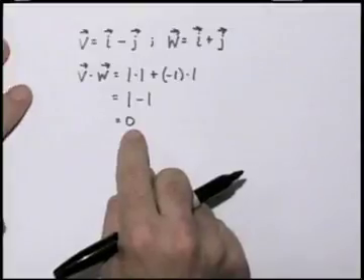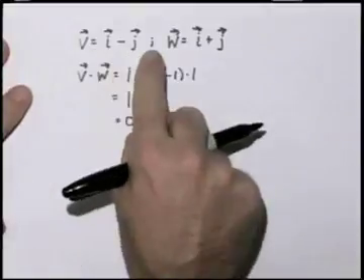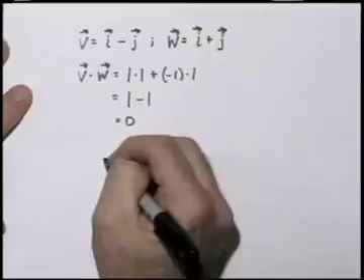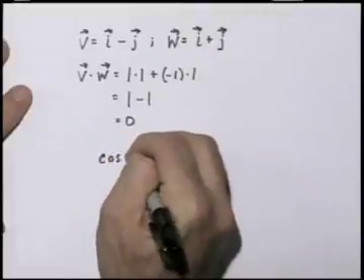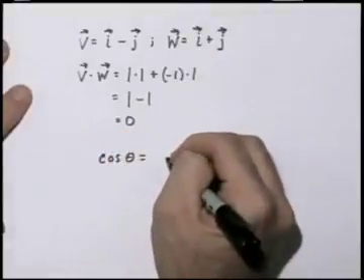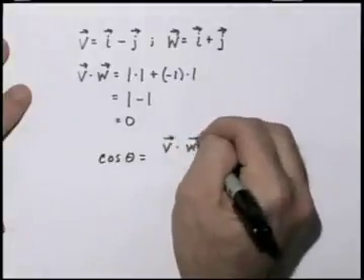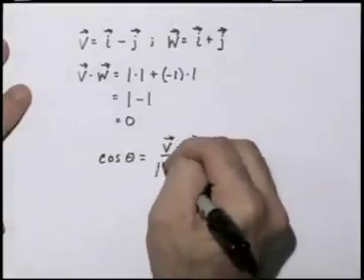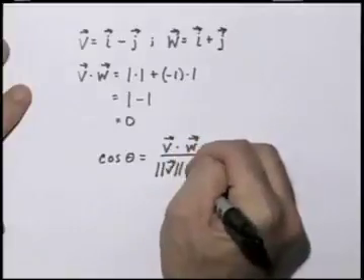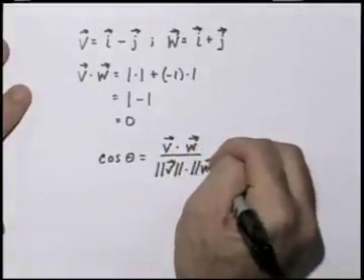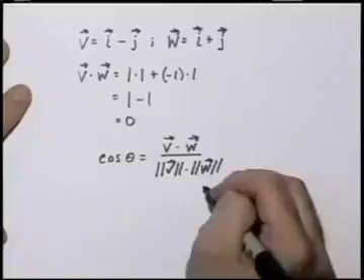Now what we're going to do is find the cosine of the angle between these two vectors. In general, the cosine of the angle theta between the two vectors is v dot w divided by the magnitude of v times the magnitude of w.